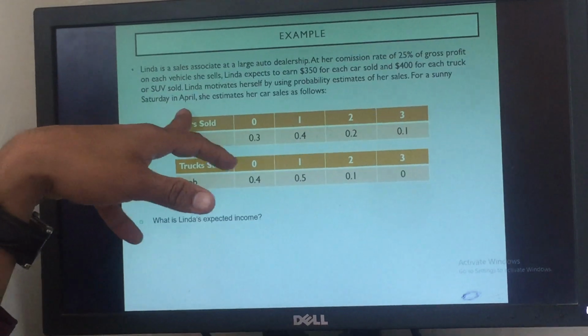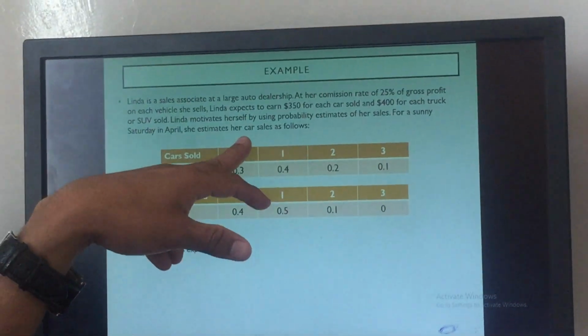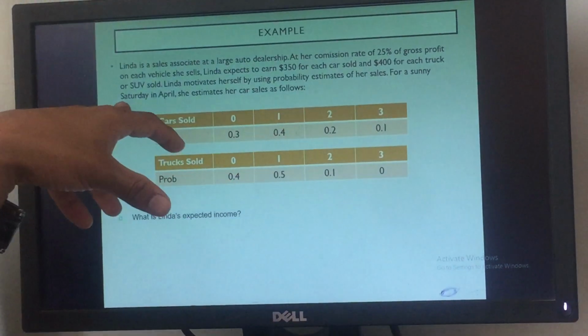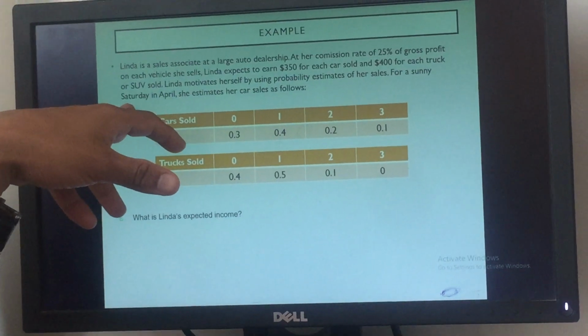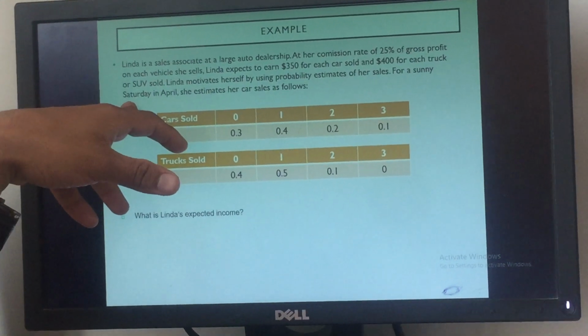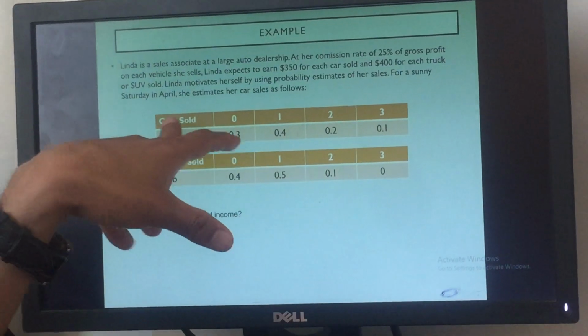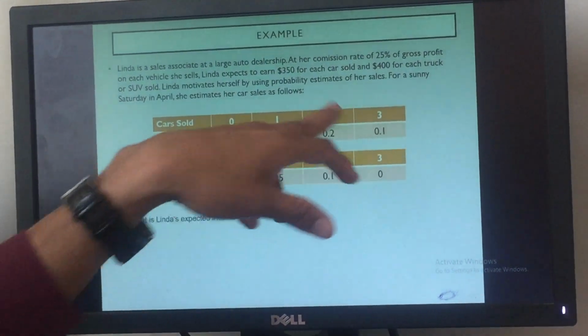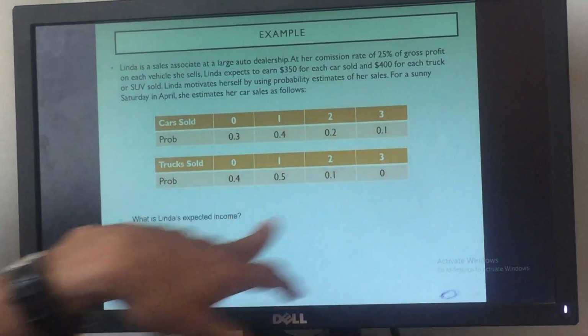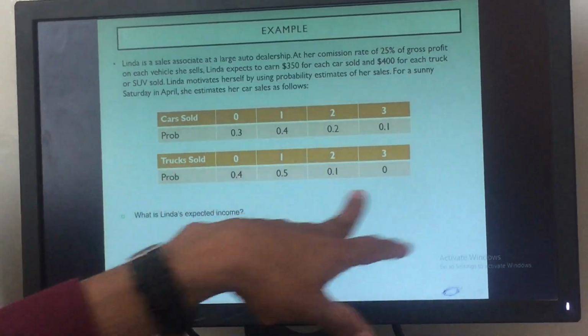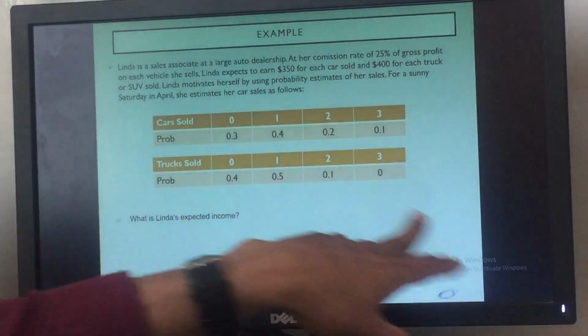For a sunny Saturday in April, she estimates her car sales as follows. Today is Saturday, but the month is not April, it's March. I'm sorry. Anyway, cars sold 0, 1, 2, 3, with probabilities given, and similarly for trucks sold, the probabilities are also given.